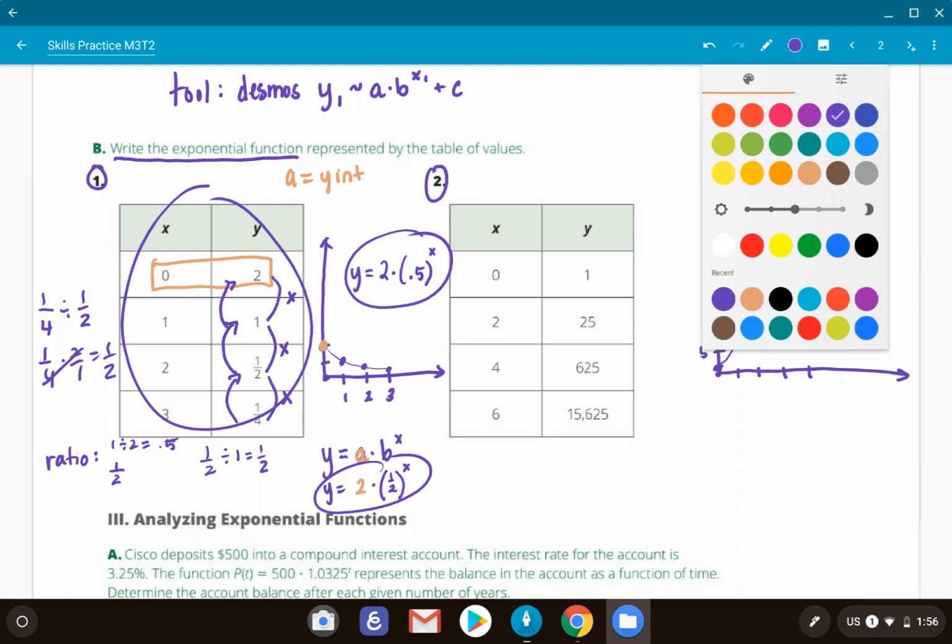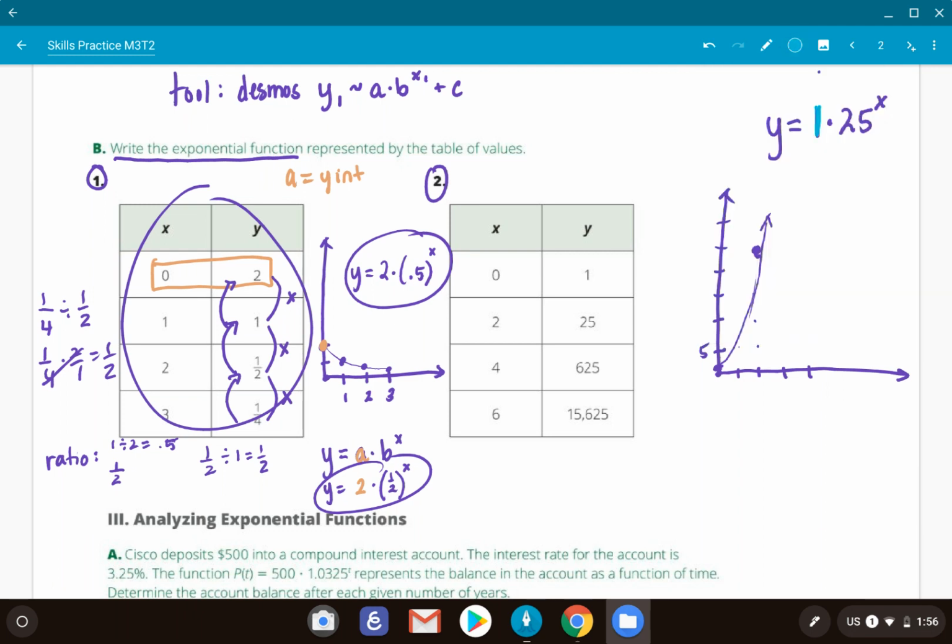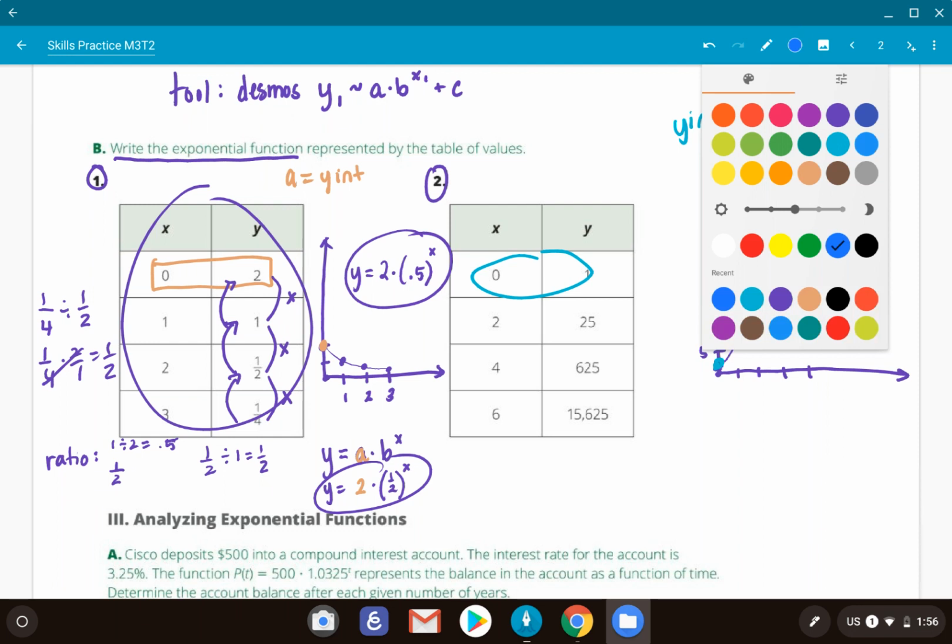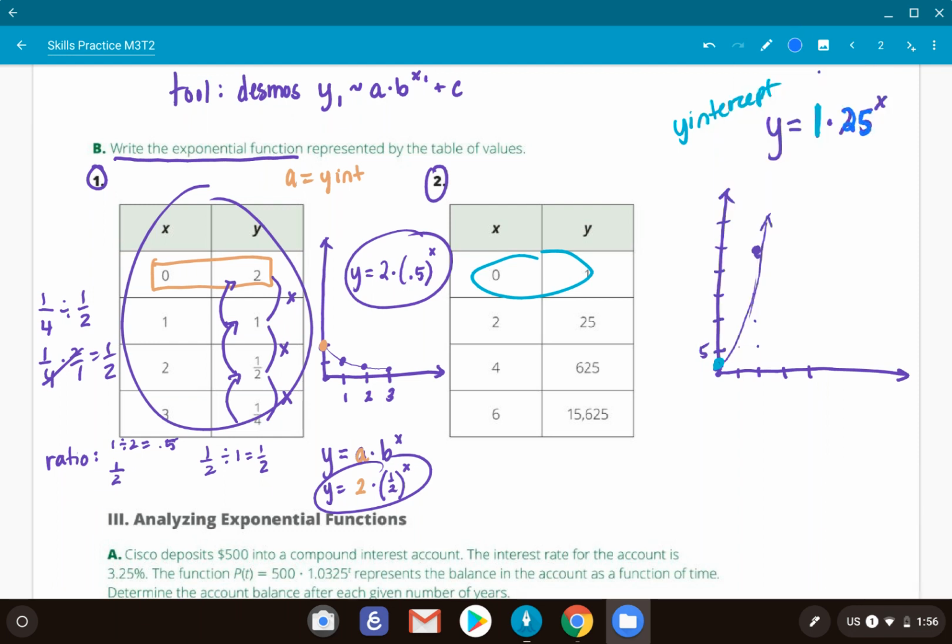So my A value is this 1 right here. That's my y-intercept. Starts right here. And then my B value is my ratio, which is 25.